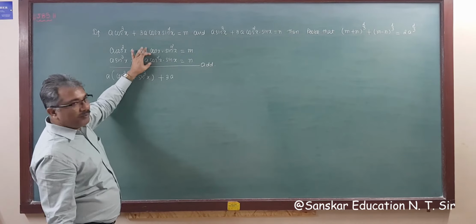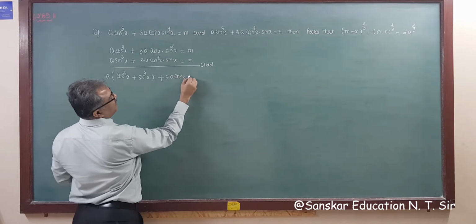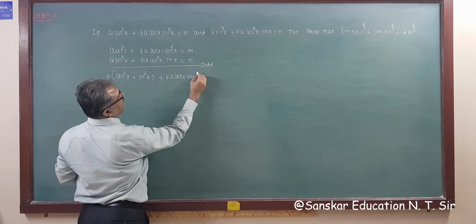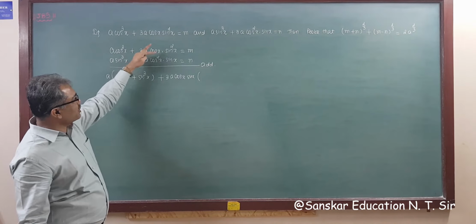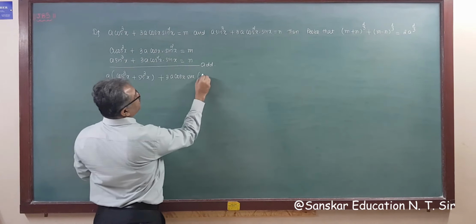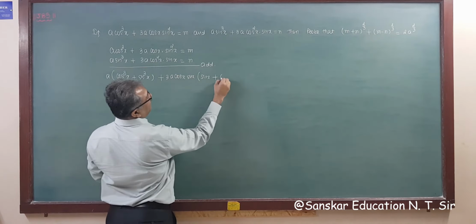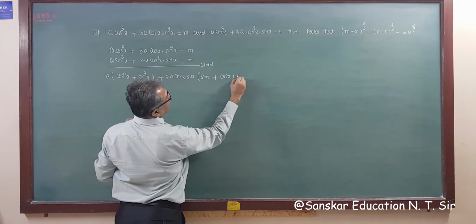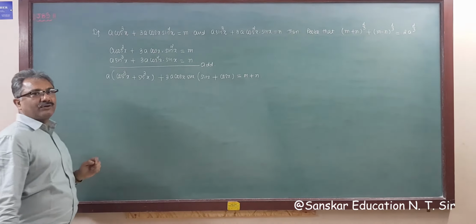Also cos x is common, and sin x is common, so taking sin x common. So remaining will be 3a common, cos x common, 1 sin x is remaining, so this is sin x, and plus from here cos x is remaining, so cos x is equal to m plus n. Got it?